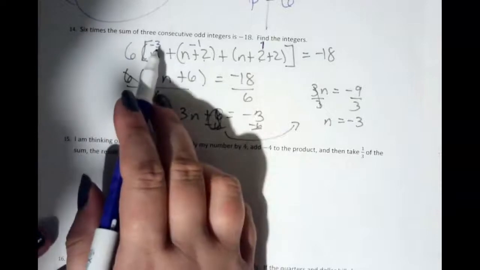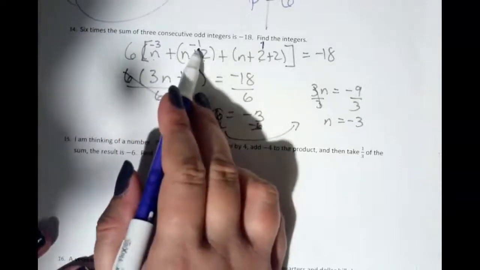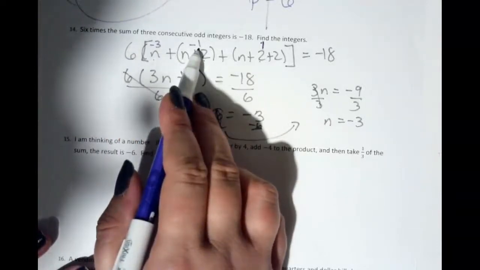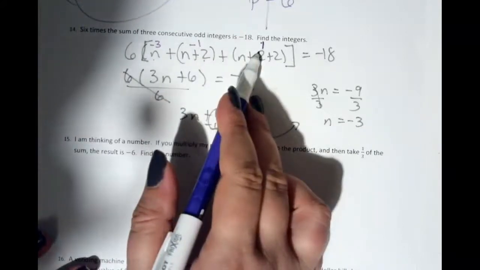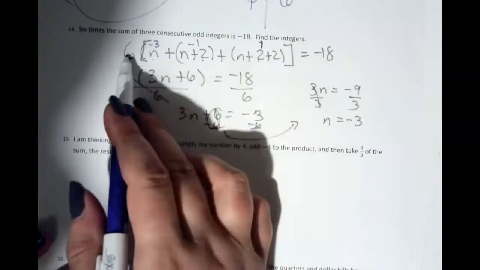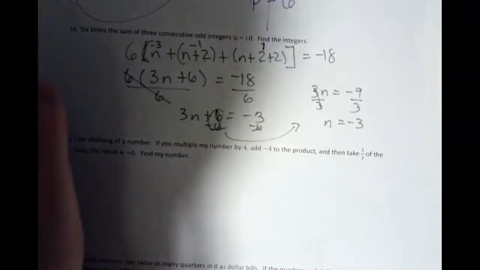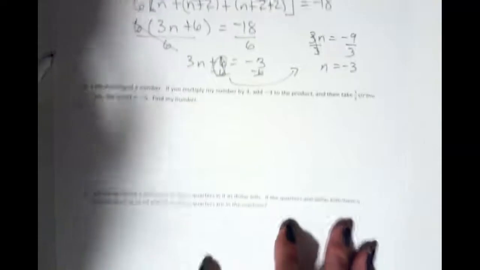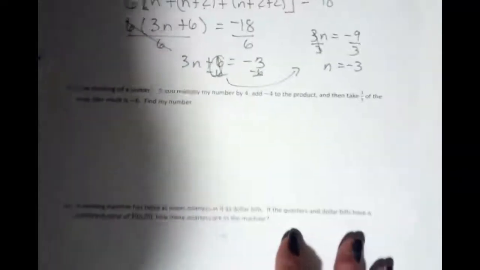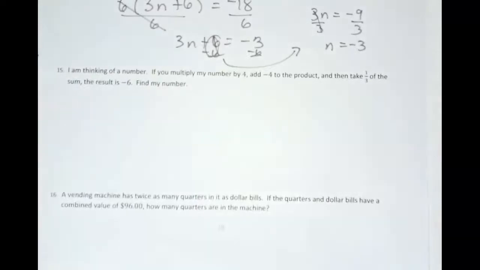And if we did -3 and -1, that's -4, plus 1 is -3, -3 times 6 is -18. So that checks out. Here are the integers. Okay, got 2 more questions.